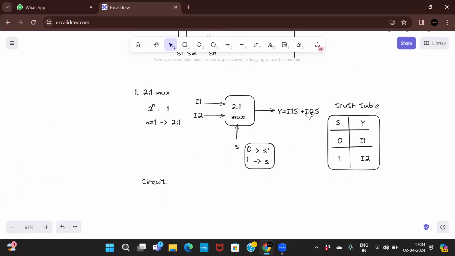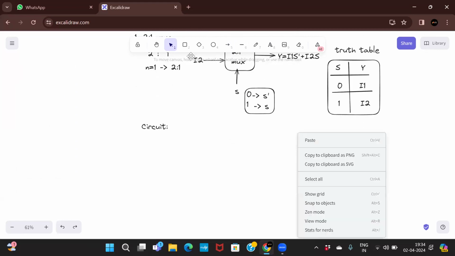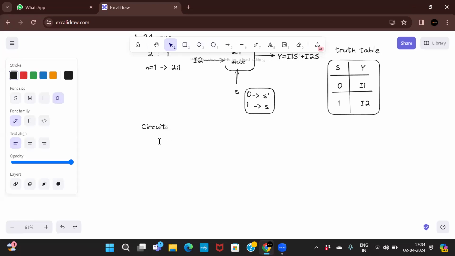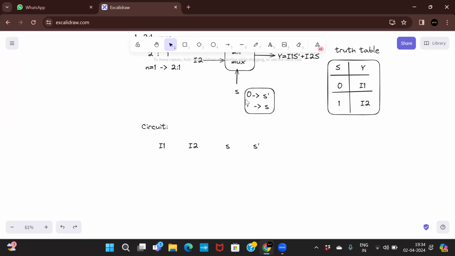I1, I2, two inputs, S bar and S. Total 4. So for that I'm writing here I1, similarly I2, S, and S bar.